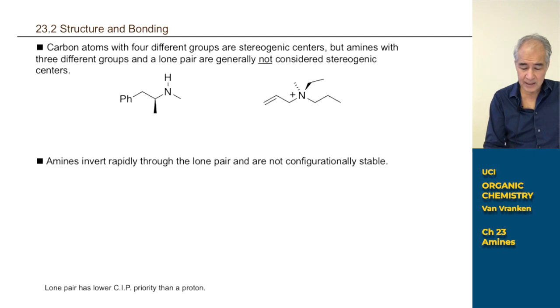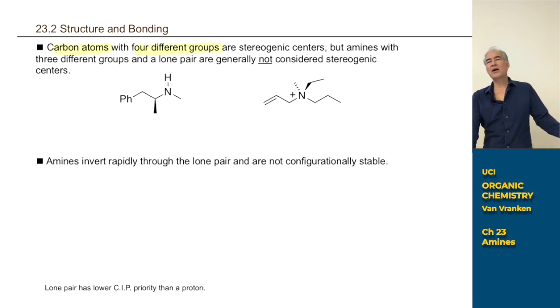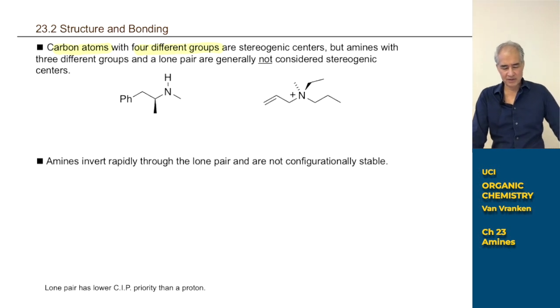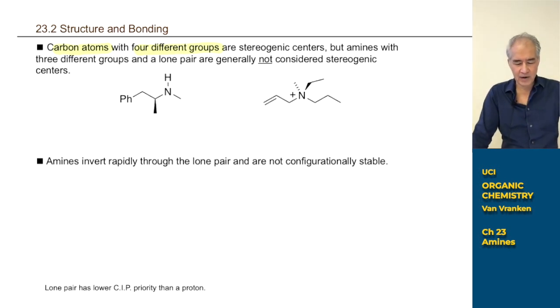You should already know that whenever you have a carbon atom with 4 different groups attached, then that carbon is a stereogenic center. And you can assign Cahn-Ingold-Prelog configurations, R and S configurations, using the naming system that we gave you for R and S. And in theory, we ought to have the same situation with nitrogen. What if we have 4 things on nitrogen that are different?